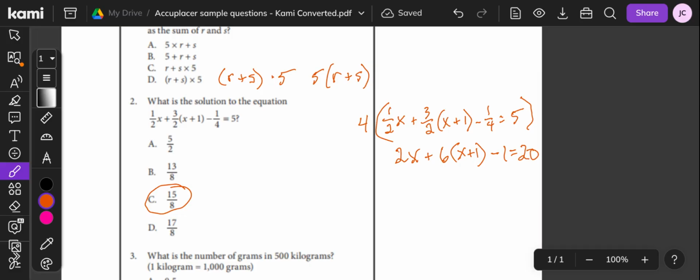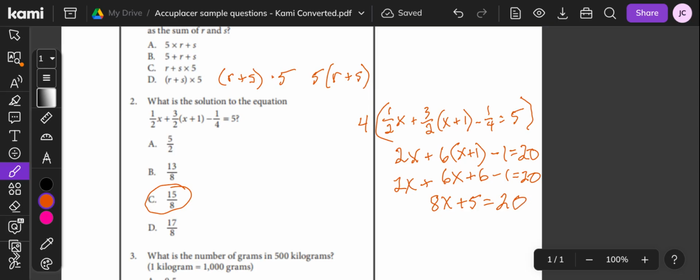Now I can go through and do some more steps. I can distribute the 6. That's the very first thing to do. So 6x plus 6 minus 1 equals 20. And we have the 2x out at the front. Then I combine like terms: 8x, 6 minus 1 is plus 5, equals 20.